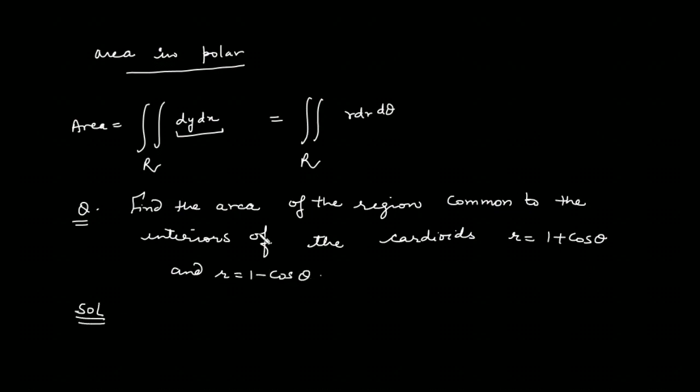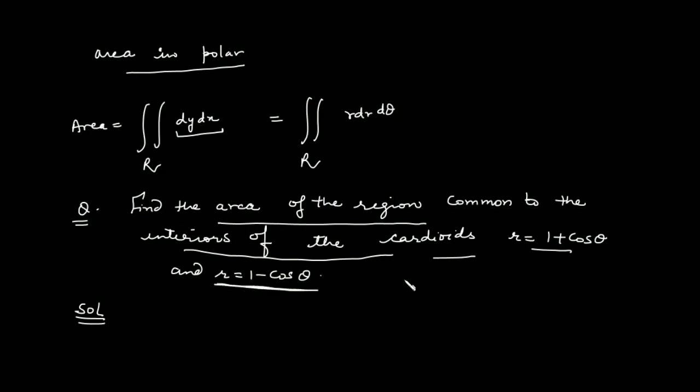So you have to find the area of the region which is common to the interiors of the cardioids r is equal to 1 plus cos theta and r is equal to 1 minus cos theta.